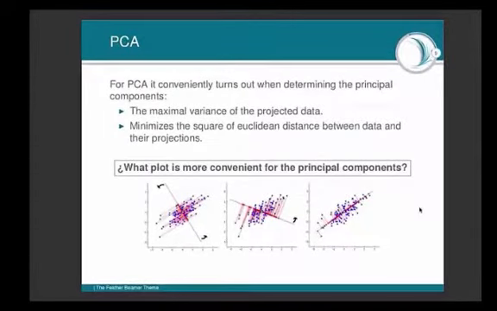For PCA, it conveniently turns out that when determining the principal components, maximizing the variance of the projected data minimizes the squared Euclidean distance between data and their projection.